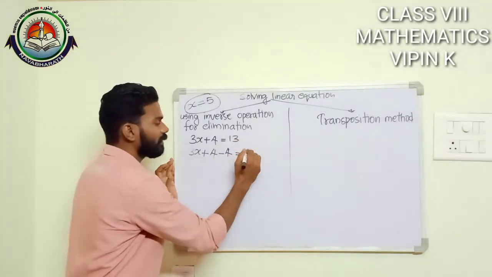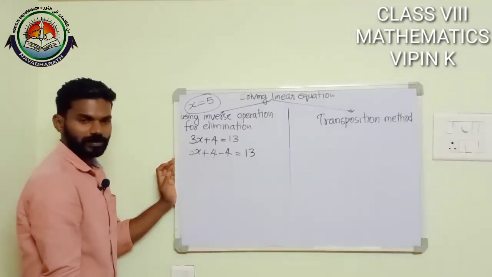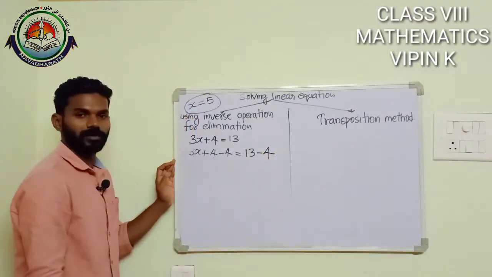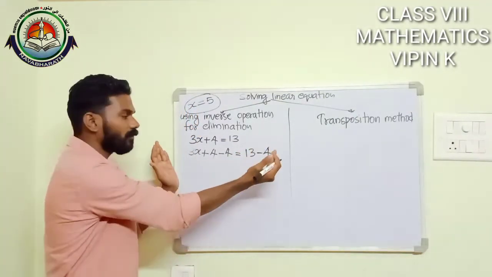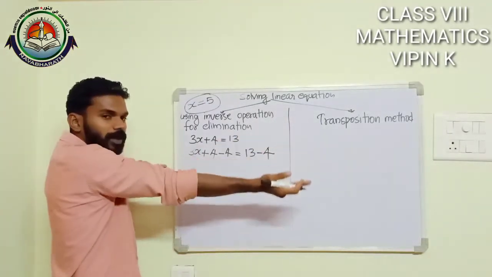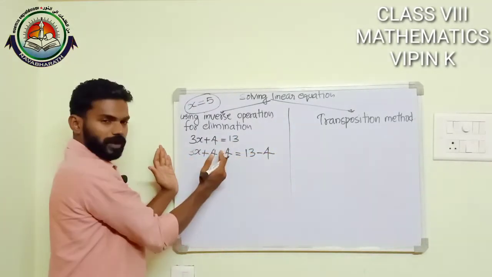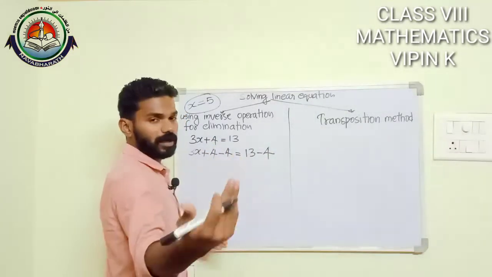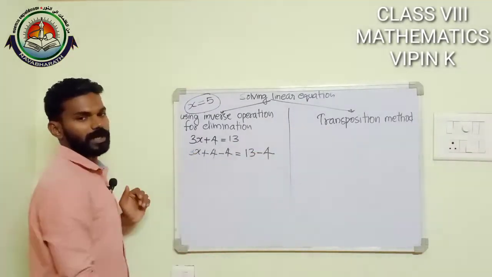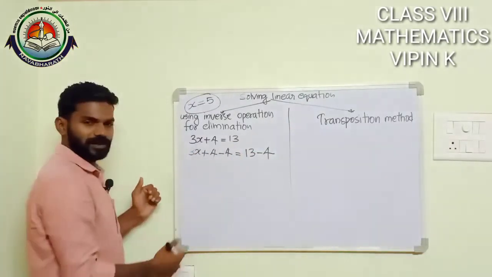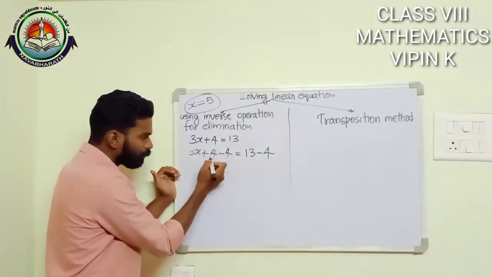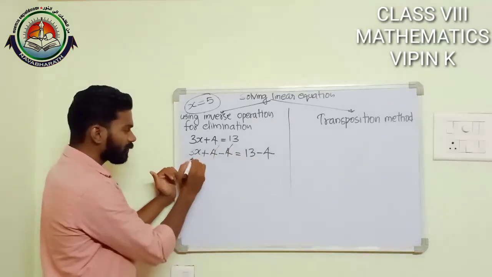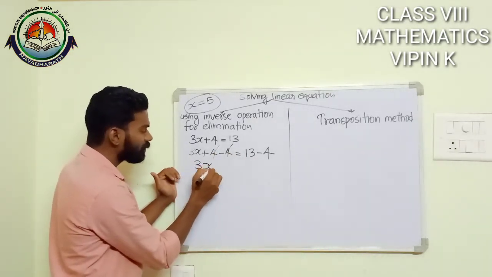First of all, we can write here that there is 13 on the RHS. Now the extra operation is subtracting 4. So now there would not be any problem for this equation, because it would be balanced. Whatever we did on the LHS, the same thing is done on the RHS also. So the equation would be balanced. Now in the next step, you can see that this plus 4 and minus 4 cancel. So here there would be only 3x.